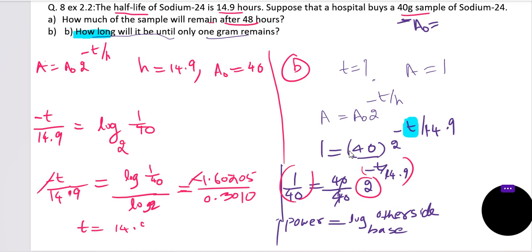T equals 14.9 multiply by 1.60205 divide by 0.3010. Calculating 1.60205 divide 0.3010 multiply 14.9, that is the answer, 79.304.